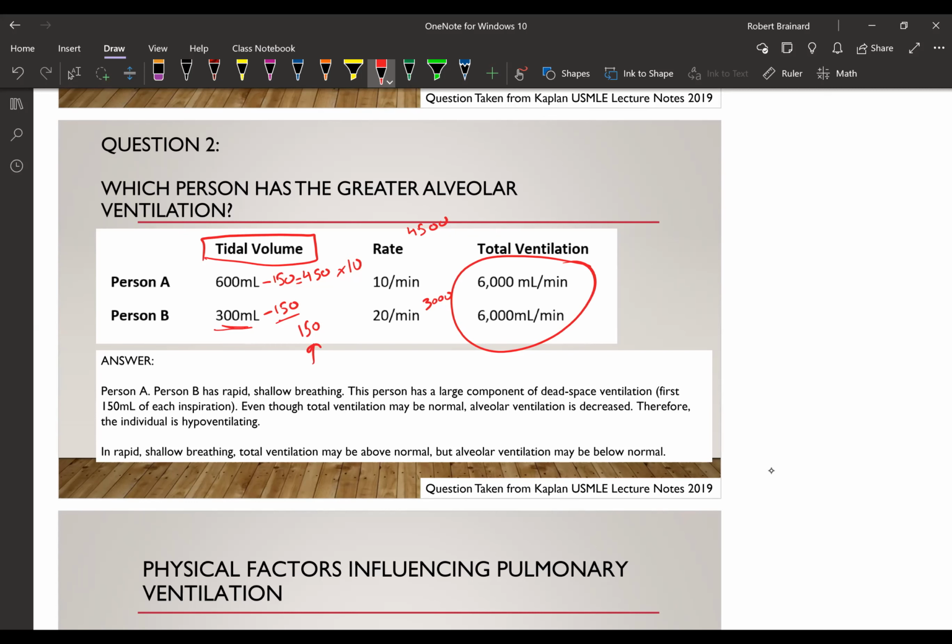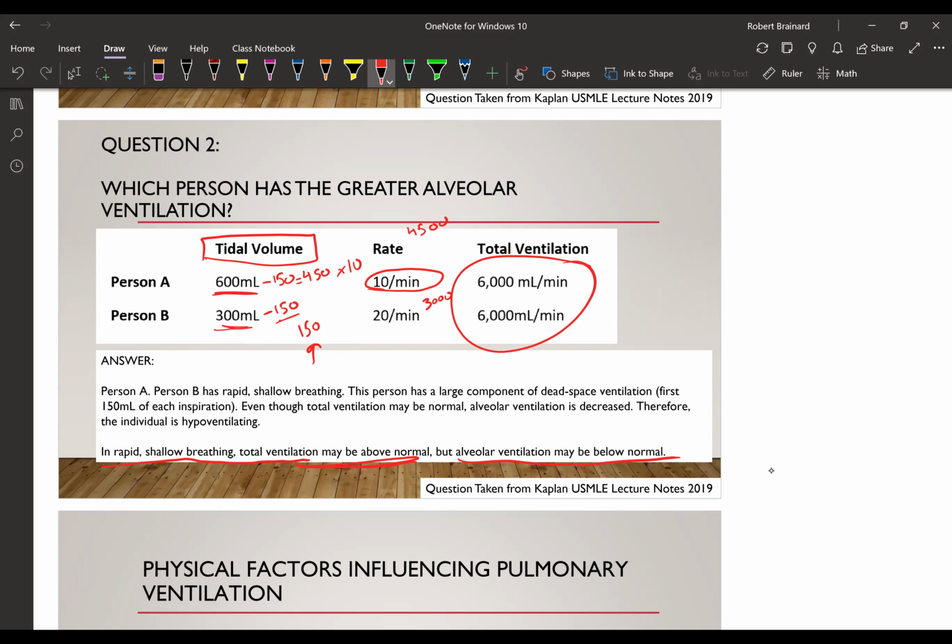But if their tidal volume is 600 mils, even though they have half the respiratory rate, they still have greater alveolar ventilation. Does that make sense? And that's why it says in rapid, shallow breathing, total ventilation may be normal or above normal, but alveolar ventilation may be below normal.